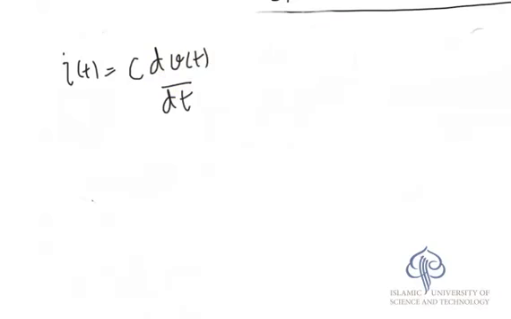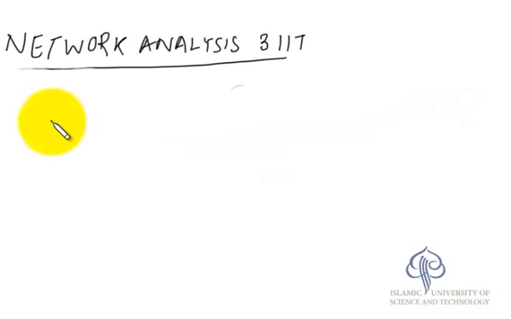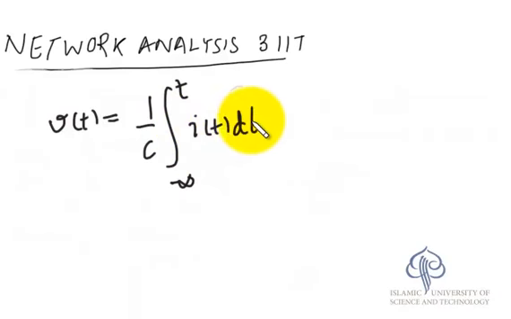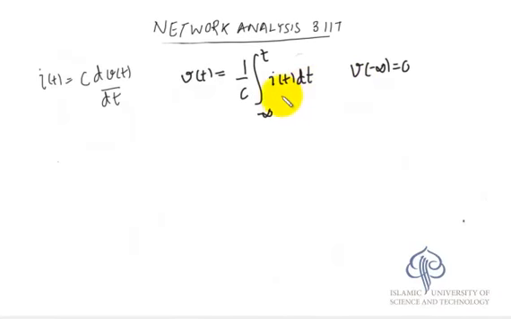We'll get Vt is equal to 1 by C, integral from minus infinity to t of It dt. Again, herein you're assuming that the voltage at minus infinity was 0. Then you started applying currents to the capacitor, and the voltage at any time t, Vt, is the integration of all the currents that have been applied from minus infinity integrated up to t.